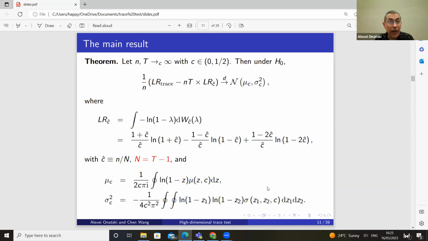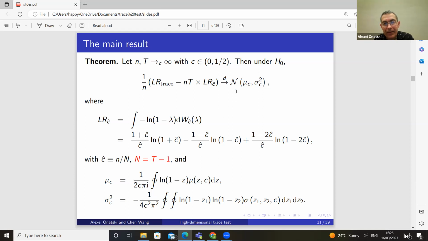Okay, so now what is the main result? The main result is like this. Consider this simultaneous asymptotic regime. Then you need to center the likelihood ratio statistic by the following thing. It's n times t times something which depends only on this object c hat, which is the ratio of n and t minus 1.